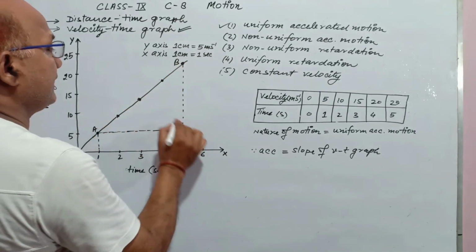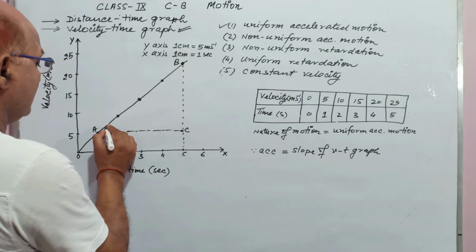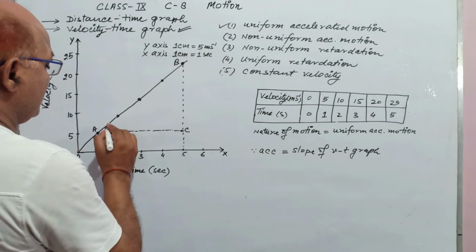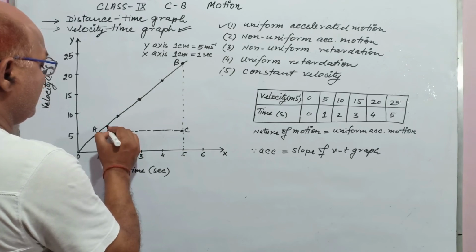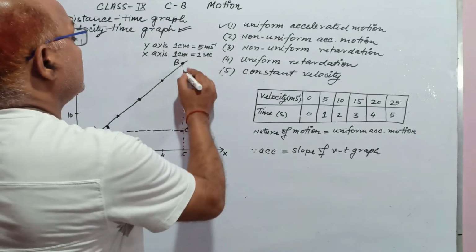This is the right triangle ABC, and slope means the angle with the x-axis.